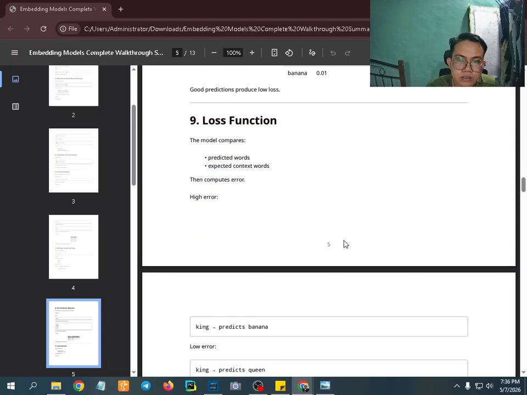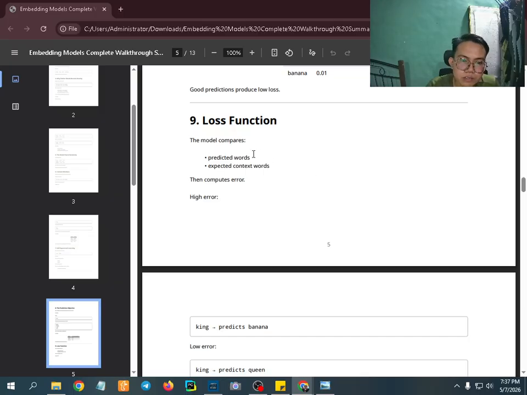Next is loss functions. Like in the previous videos, the loss function is calculated by comparing the predicted value versus the true value, so the difference between the correct value and the other value.